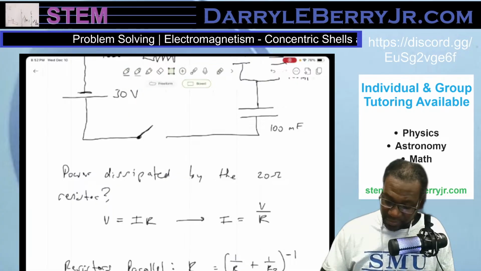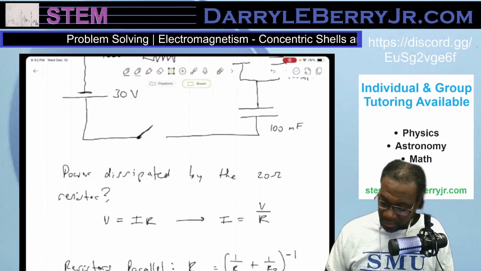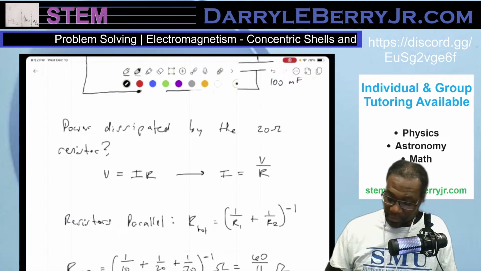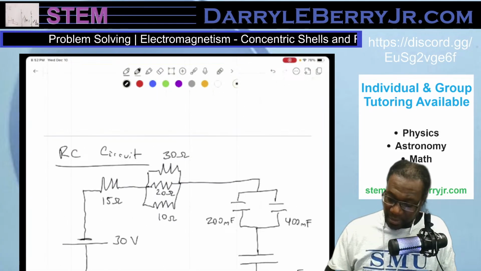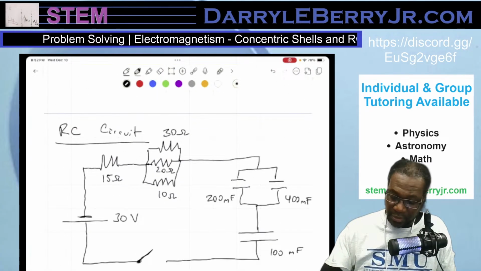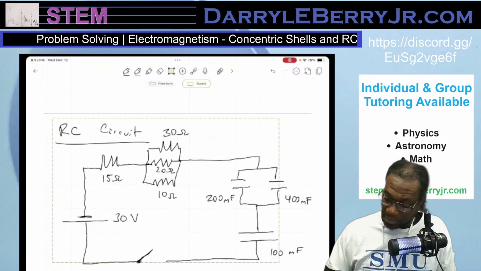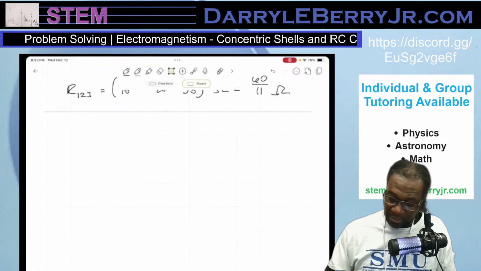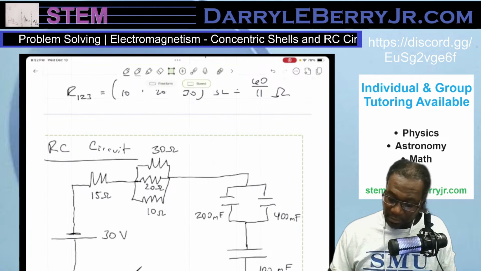So that's the equivalent resistance of the three on the right. So then I can go ahead and actually redraw this circuit. It'll look something like this.